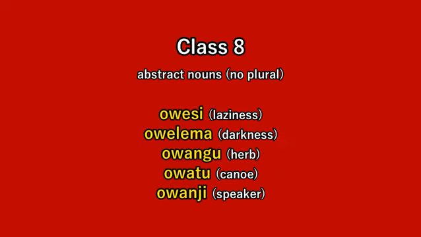Class 8 includes abstract nouns. This is a very common class in most Bantu languages. Most languages in the Bantu group form abstract nouns by replacing whatever prefix the word originally has with a prefix that is u or o, that makes an abstract, much like -ity or -hood in English, like enmity or felicity, or friendship from friend, or electricity from electric.